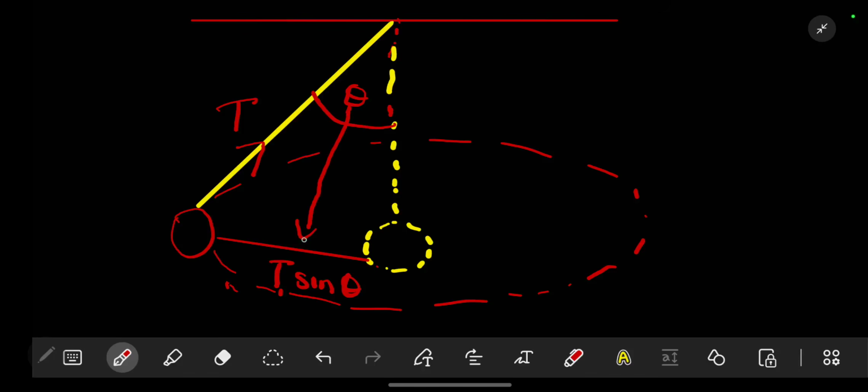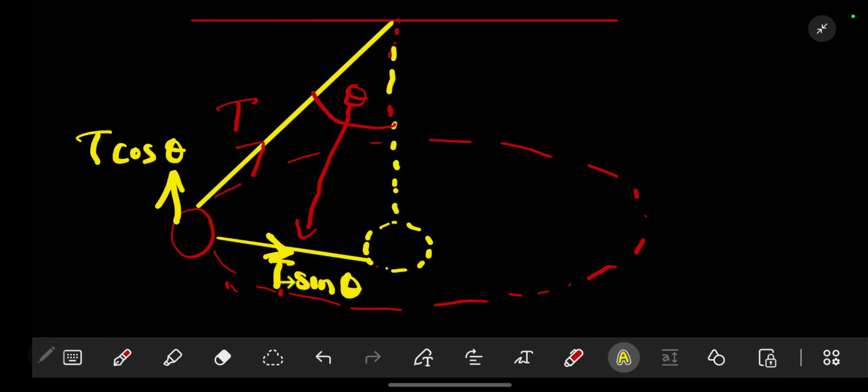Because this angle is pointing this direction. If the x direction is the sine, then automatically the other one shall be cos. So we are going to have T cosine of our angle theta. So these are the components that we have: T sine theta, T cos theta.